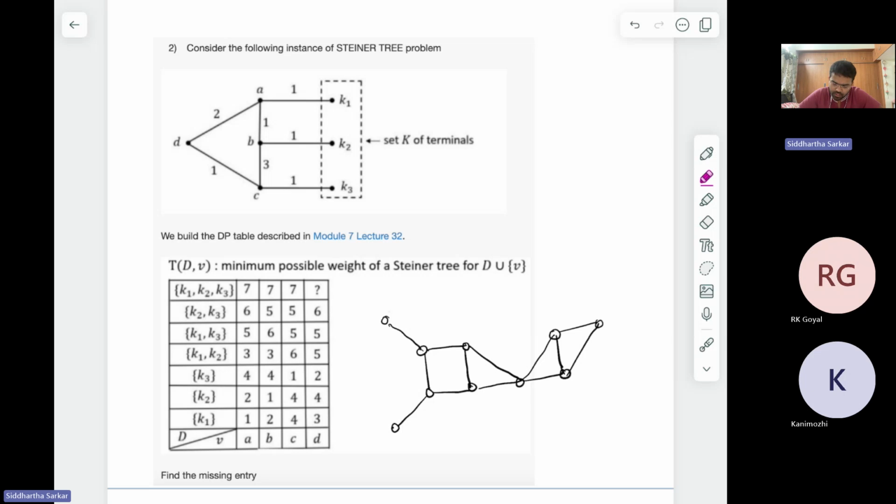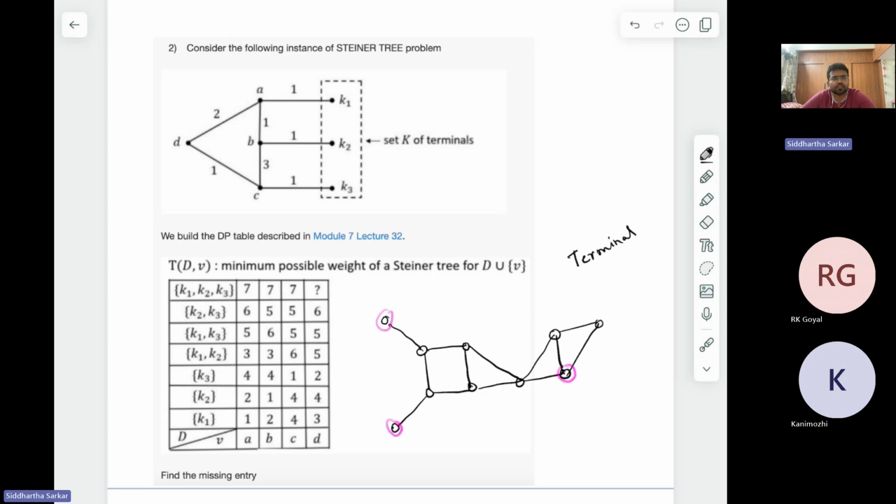This is a special vertex, this is a special vertex, and this is a special vertex. The special vertices are also sometimes called terminals. So I'll use the word terminal for these special vertices.